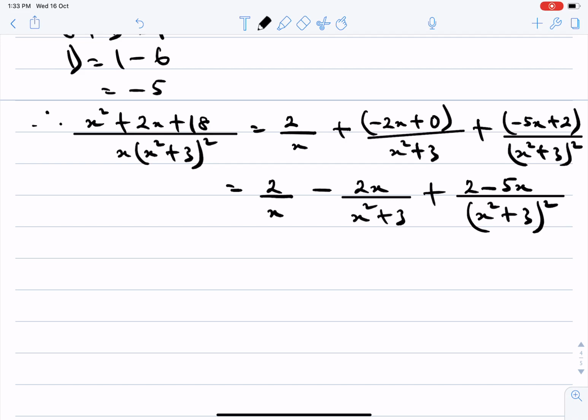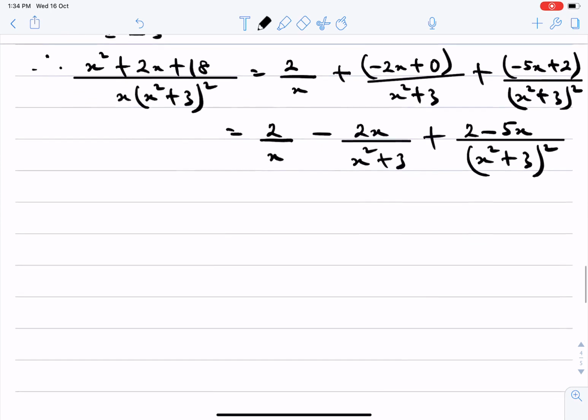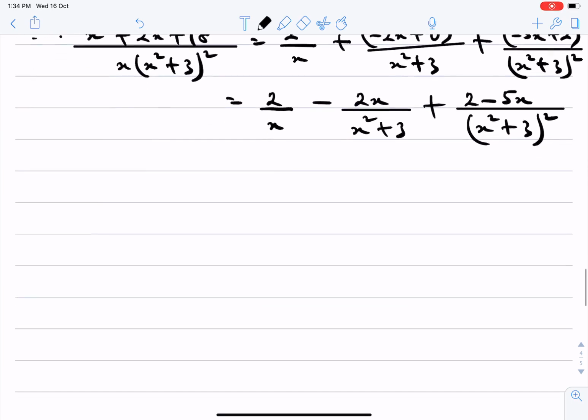And that's it. So we have resolved the compound fraction into partial fractions. That's how simple it can be if you are careful enough not to make mistakes in your expansion, comparison of coefficients, and eventually solution of the equations that are obtained thereafter.